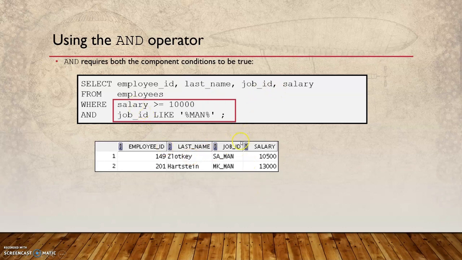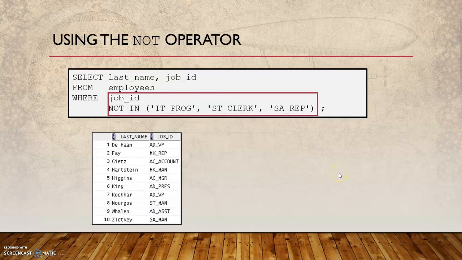If you look at this, you have salary above 10,000, yes. Job ID, you have a wildcard over here. So whether you have a job ID which has MAN in it, yes, you have SA_MAN and MK_MAN. Both the conditions are met for the two rows, so it retrieves that value.